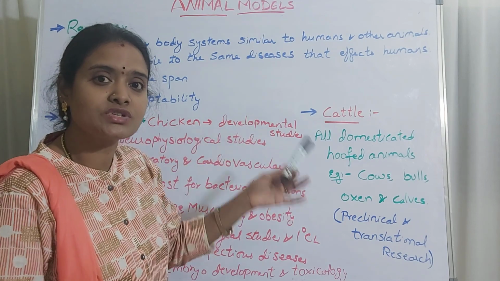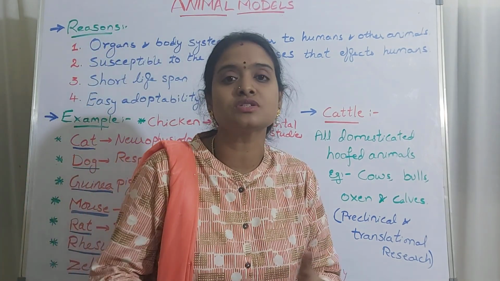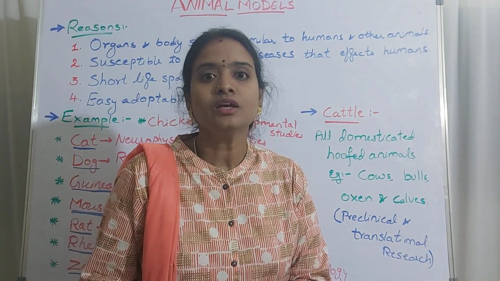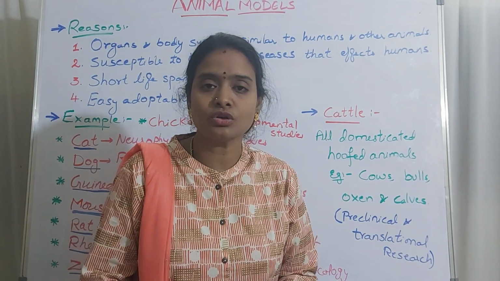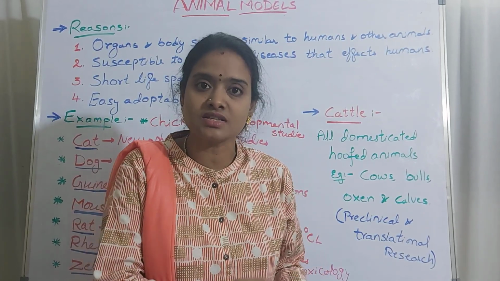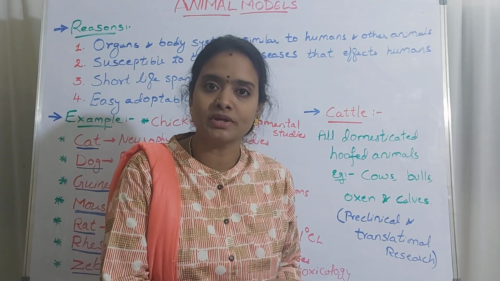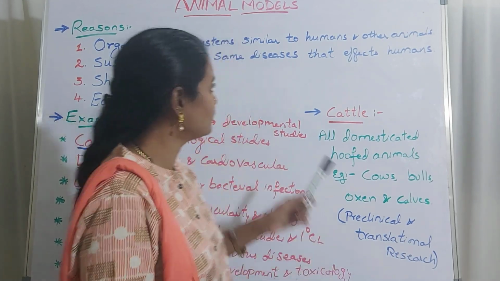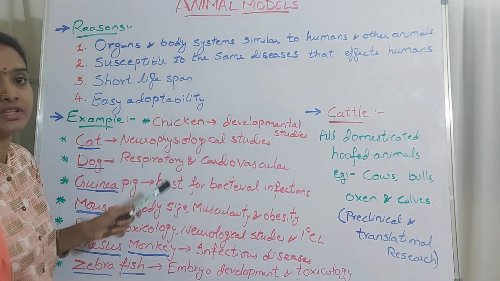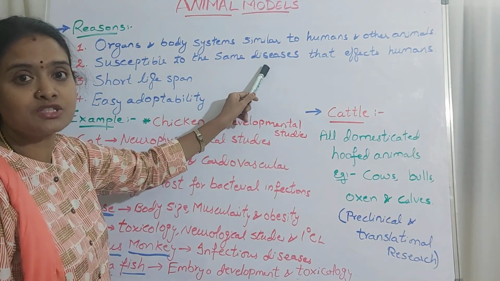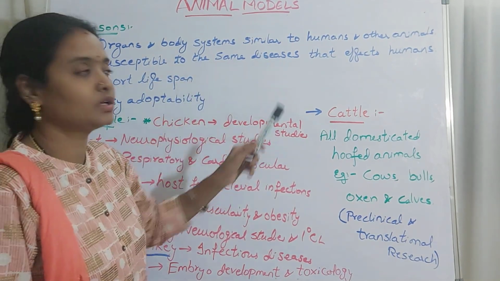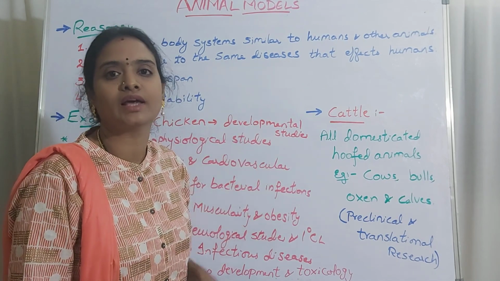The diseases which are present in humans are also seen in mice. If you are taking a fish, you can't see the diseases which are caused in humans. So you have to select the model animal in such a way that the same disease affects both the human and the model animal.